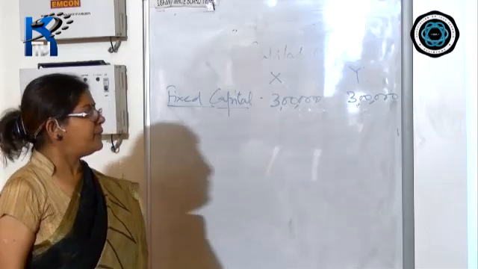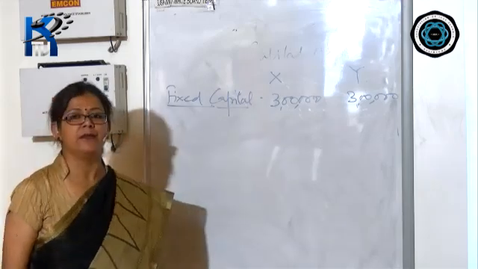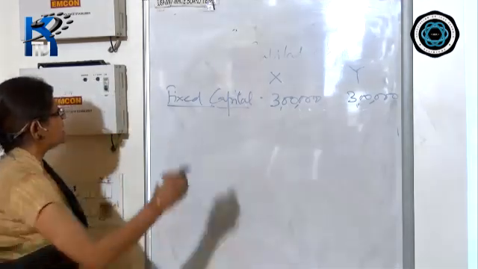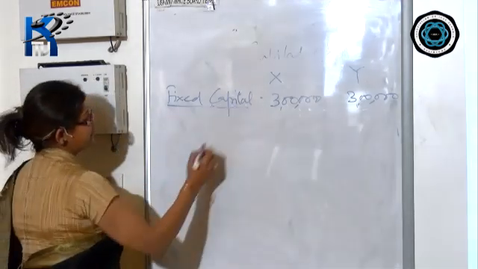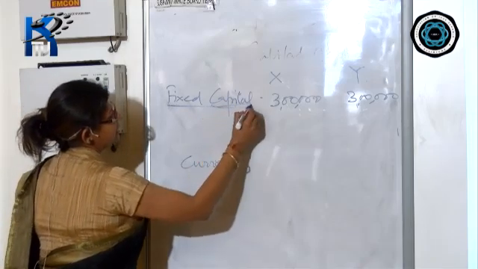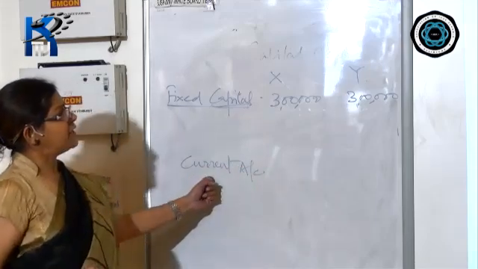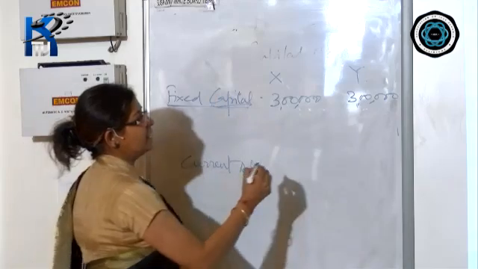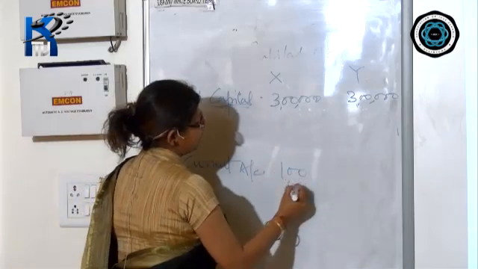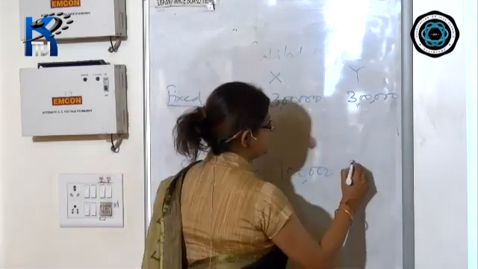They have an opening credit balance of rupees 1 lakh and 2 lakh respectively in their current accounts. As the capitals are fixed, we will have 2 accounts. One is a capital account, the other would be a current account. The current account of X has a credit balance of 1 lakh and Y has a credit balance of 2 lakhs.